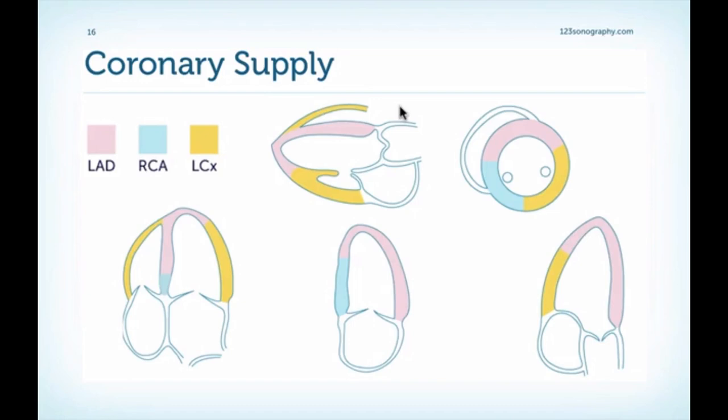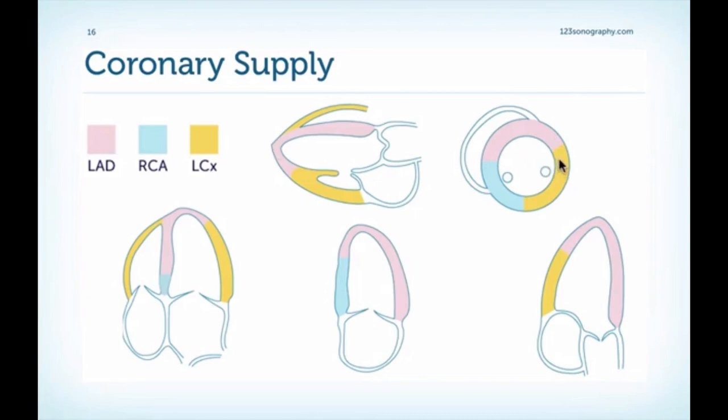If we take a look at the short axis view, we have the lateral and the posterolateral walls usually being supplied by the circumflex artery, the inferior and the inferior septum supplied by the right coronary artery, and the anterior septum and the anterior wall supplied by the LAD.